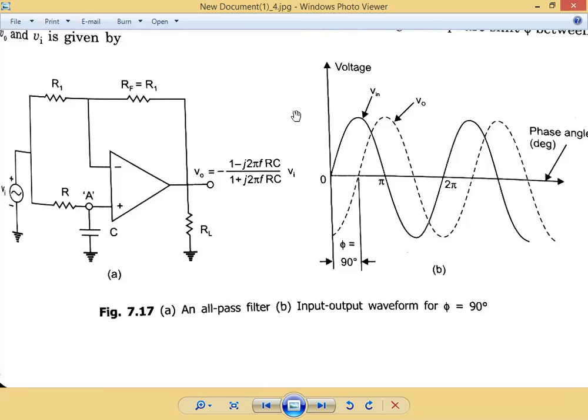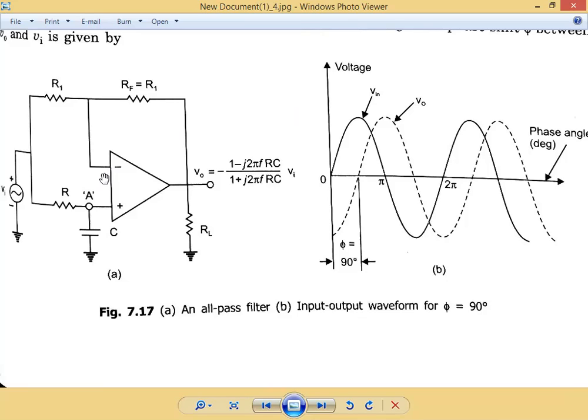Here in the circuit we can see the all-pass filter, in which RF is equal to R1. For obtaining the output voltage, V0 is equal to minus RF by R1 into VI plus 1 plus RF by R1 into VA.